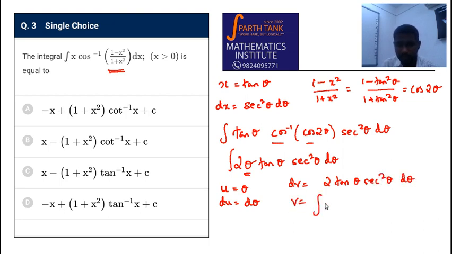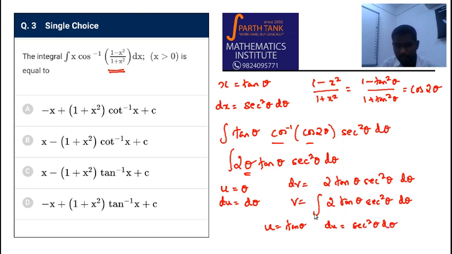So v is nothing but the integral of the whole term, 2 tan theta secant squared theta d theta. Here again let us make use of another substitution. U is tan theta, and that would give me du is secant squared theta d theta. Right?